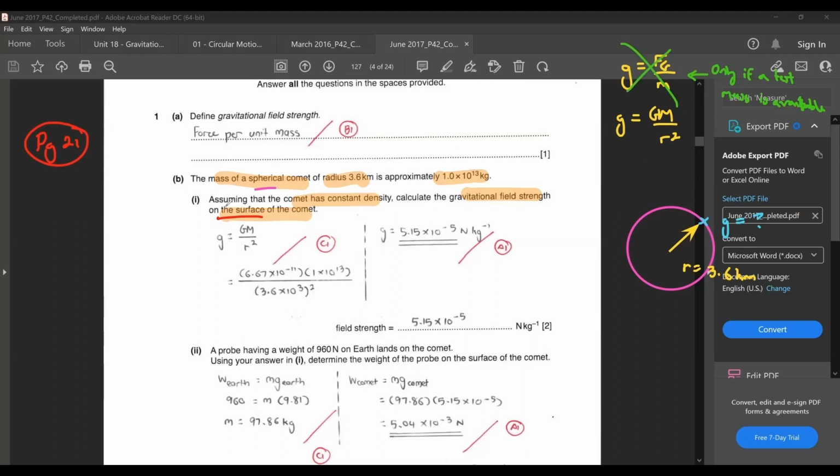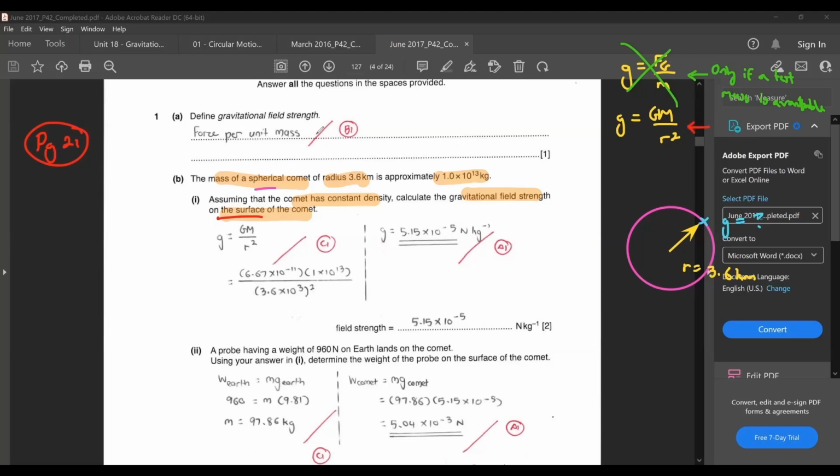So in your question here, with your comet, you want to find out the gravitational field strength on the surface, but there's no test mass given. They didn't tell you, I put a mass there and I found out that the gravitational force acting on it was this. If you had a test mass here, and you knew the value of the gravitational force acting on it, you could have used equation 1. But the fact is that you don't have that. So you are most likely going to be using equation 2.